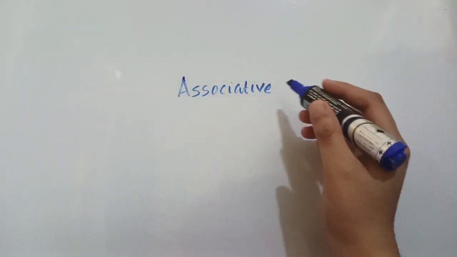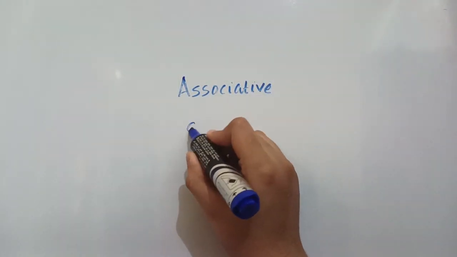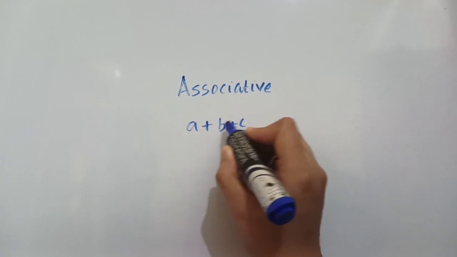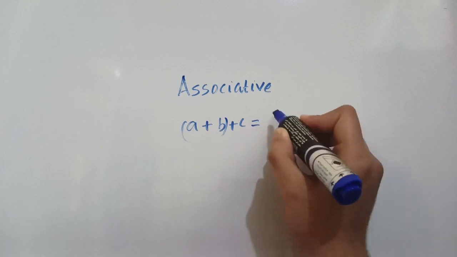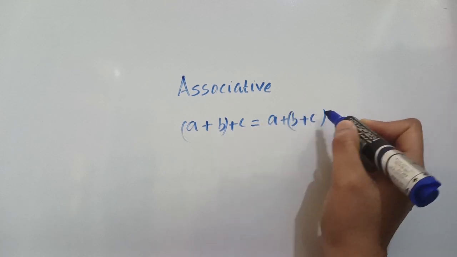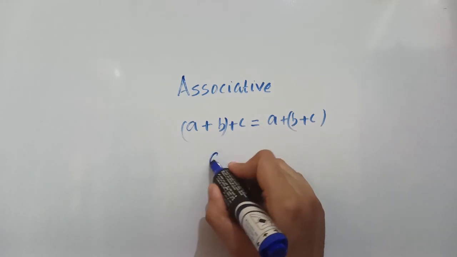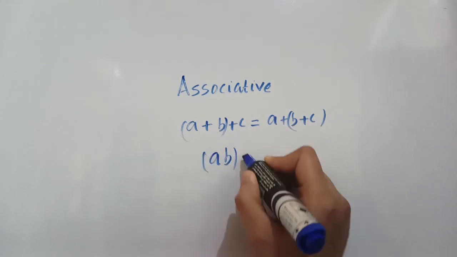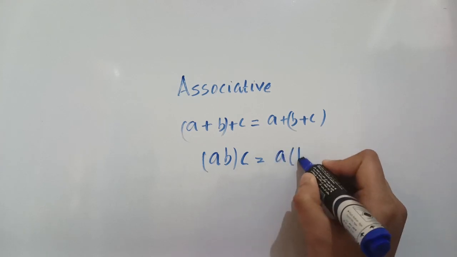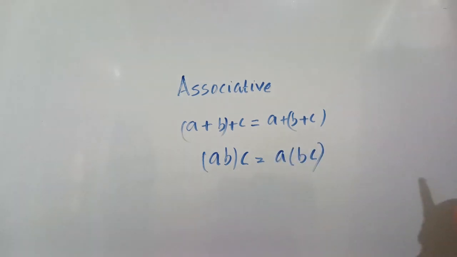Next one, associative property. It says that (a plus b) plus c is equal to a plus (b plus c). Then in case of multiplication, (a into b) into c is equal to a into (b into c).